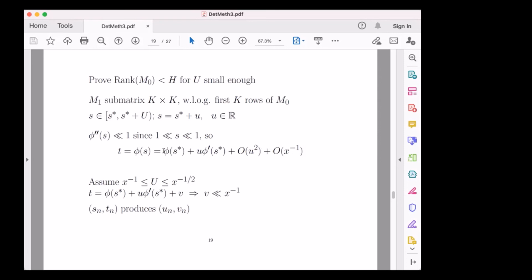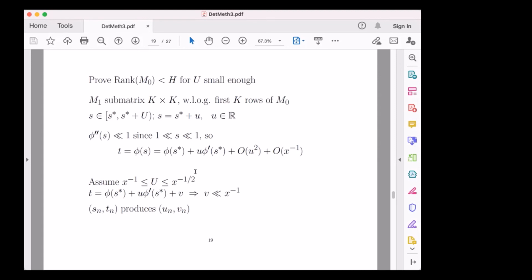So you can think of these terms as the first 3 terms of the power series for phi of s, given that S is S star plus u. It turns out that the optimal choice for capital U is between x inverse and x to the minus a half, so that this error term here is dominated by this one.